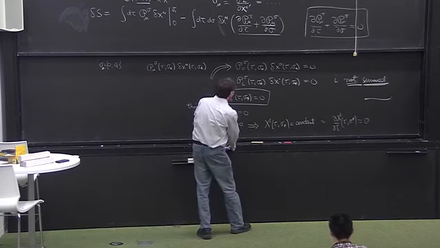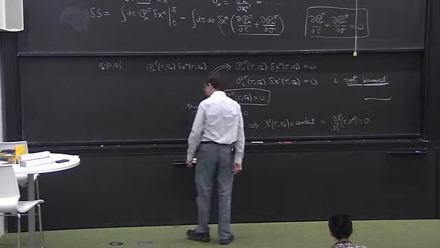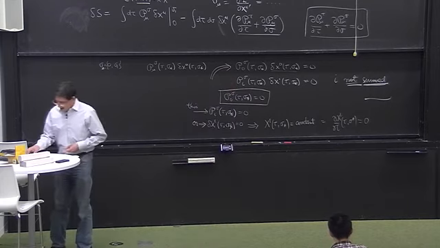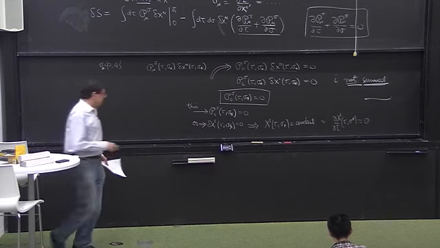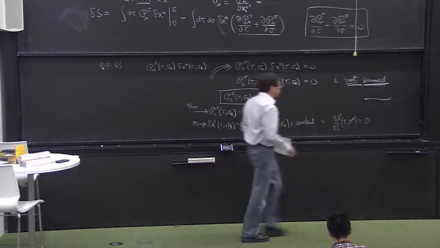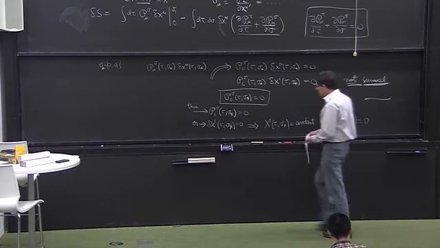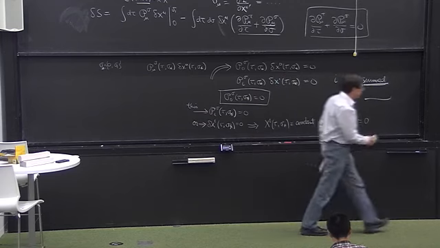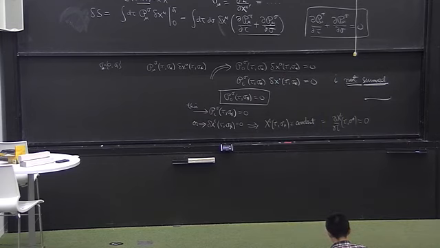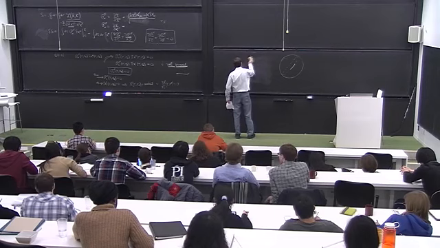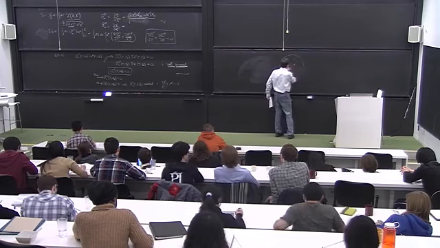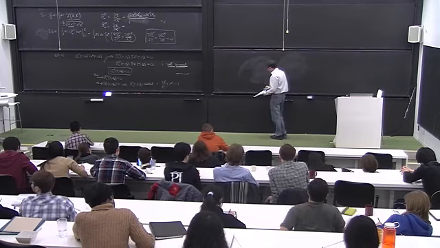Now, I'm done with these blackboards. So this would be a Dirichlet boundary condition. So here we go. This is what really defines whether you have a D-brane or not. So let's draw a D-brane, our first D-brane, and state what the boundary conditions are.